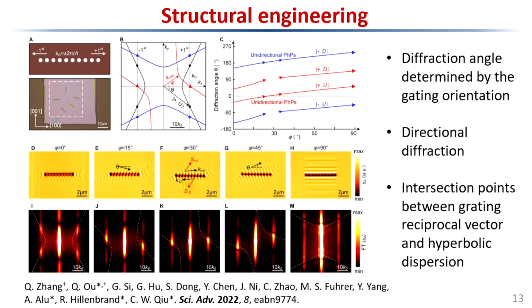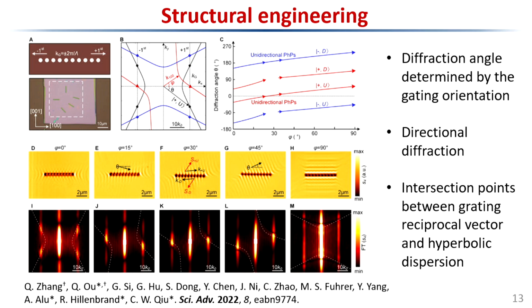Although you might feel that the grating design is quite simple for a conventional isotropic material, it's quite interesting if you are doing this simplest grating with in-plane hyperbolic polaritons.